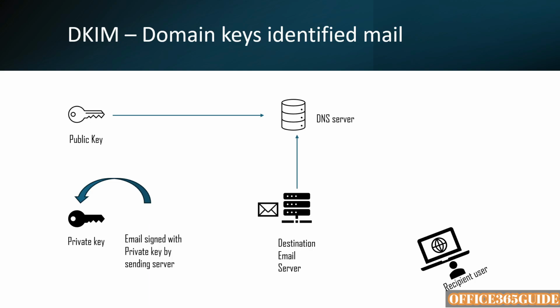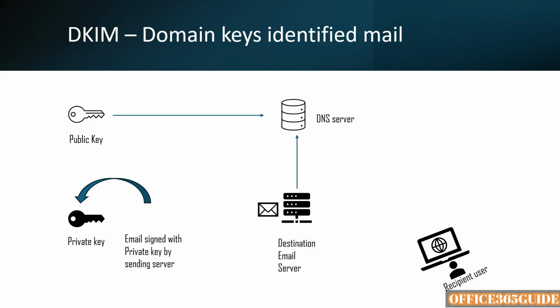So what does it actually do for us? First, it makes sure that the email while in transit was not tampered with, because you can have intermediary email servers between the destination and the sender.